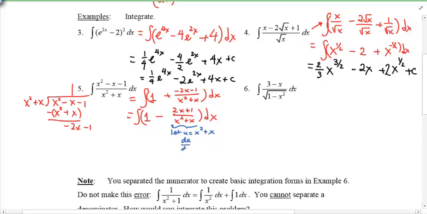I've done enough u substitution, I think, in the last little while that you should know how to do this. So actually, I'm going to leave it and go dot, dot, dot. And I'll just give you the final answer, and I want you to confirm that I am not lying to you.